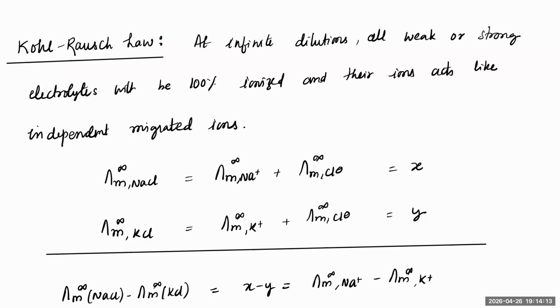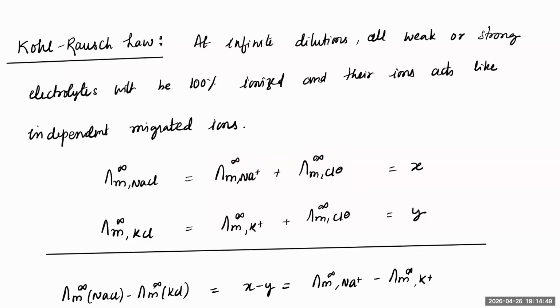For example, if I take NaCl, lambda m infinity of NaCl can always be written as the sum of the molar conductance of their respective ions, lambda m of Na plus and lambda m of Cl minus. Why can we write this? Because it is a strong electrolyte and at infinite dilution, they will be acting independently. So therefore total conductance will be Na plus and Cl minus conductance.